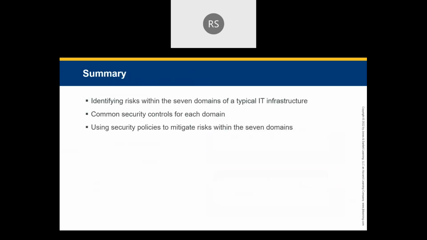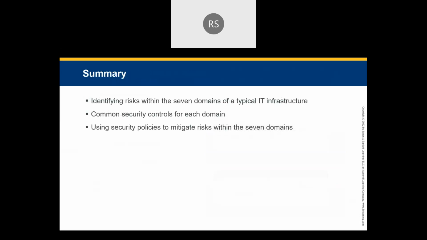So, in this chapter, we've discussed the 7 domains of typical IT infrastructure and the importance of implementing security policies to mitigate risk within each domain. We've explored the key concepts related to identifying risk and common security controls and the role of security policies in maintaining a secure environment.